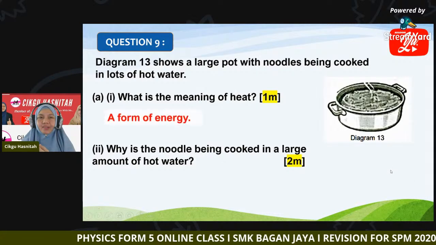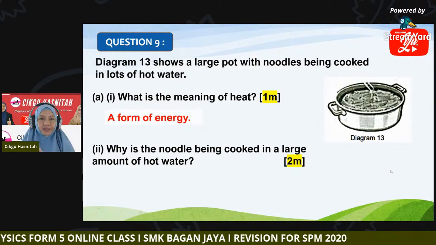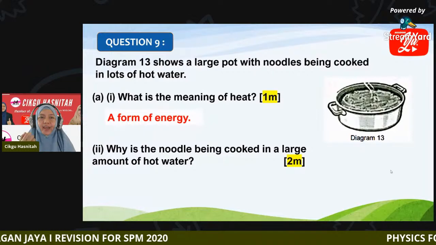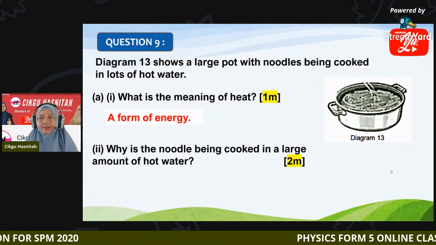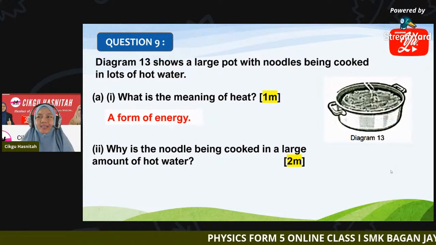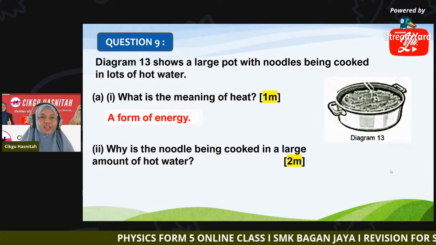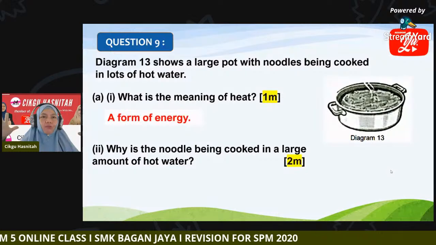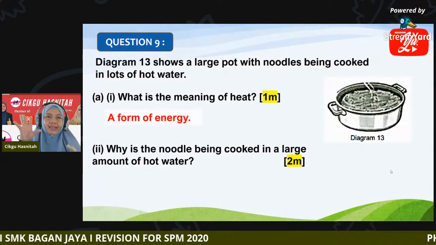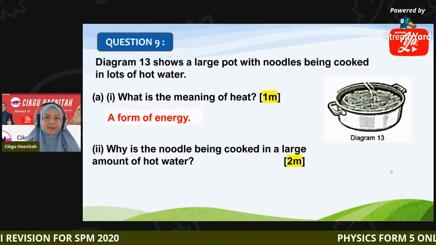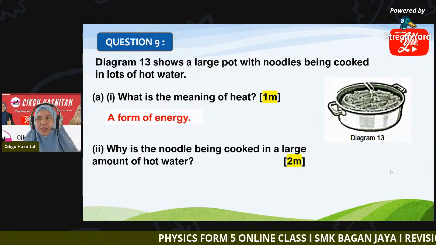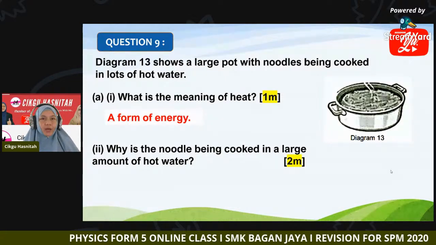Heat is a form of energy, or enough to say energy. 1 mark. Second, why are the noodles being cooked in a large amount of hot water? Why not a little only? Why are we using a large amount of hot water when you are about to cook noodles?